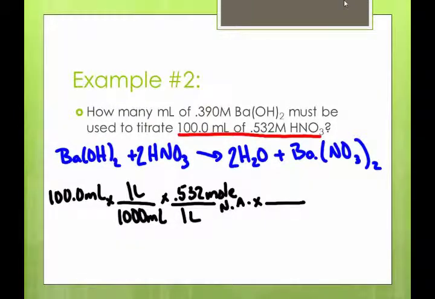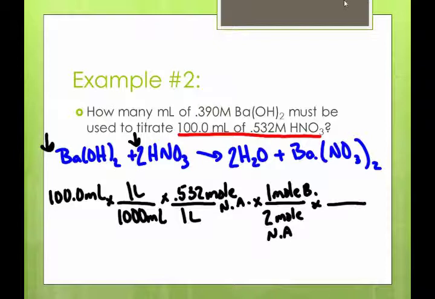And then I want to go from nitric acid to barium hydroxide because that's what the question is asking me about. And I see I have 2 moles of nitric acid to 1 mole of barium hydroxide. That was my reaction coefficient that we had right there. And my last step will be to use the molarity that I've been given to convert my moles of barium hydroxide to liters.